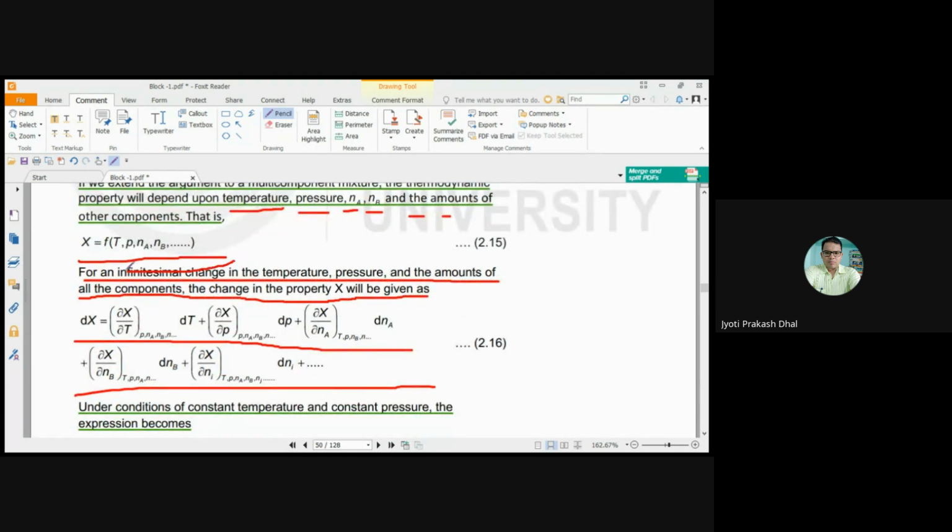So we can write X equals a function of T, P, N_A, N_B, and so on.